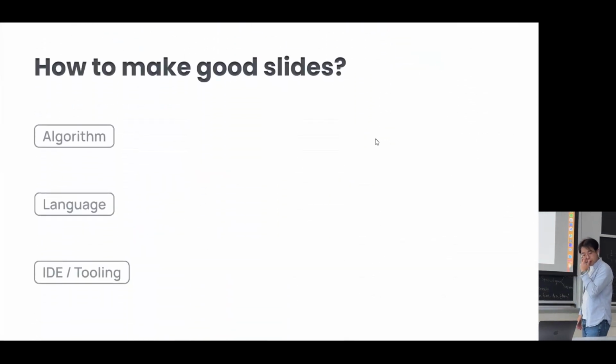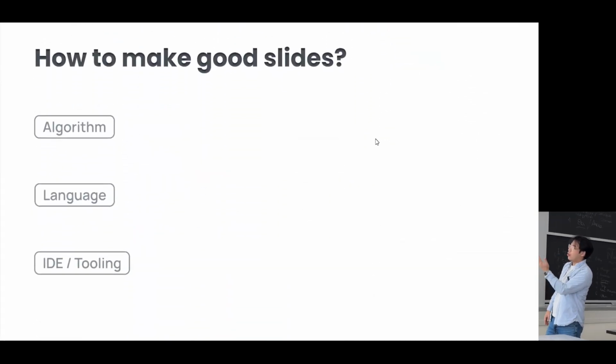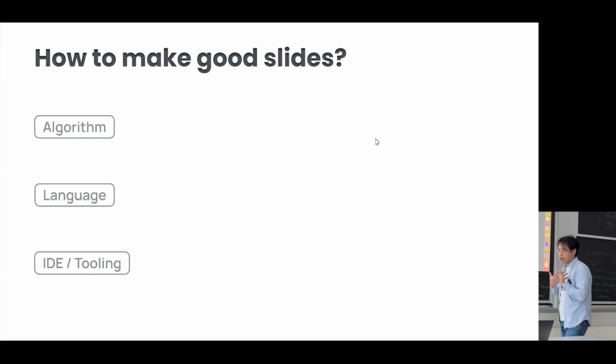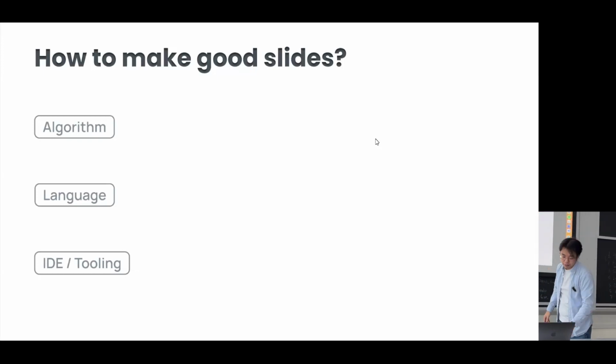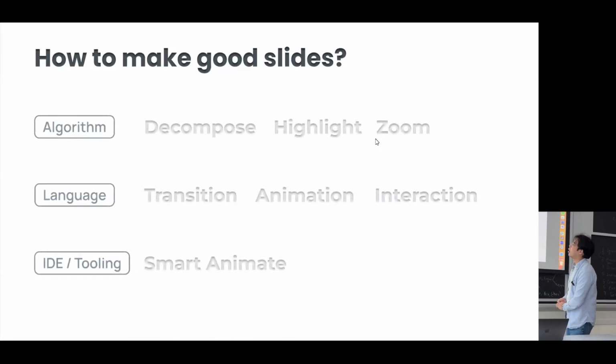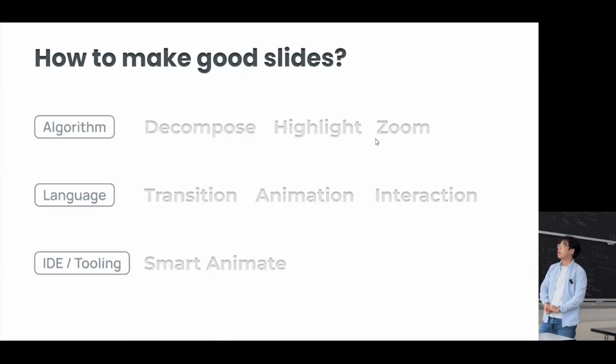And here we can do something similar, which is, okay, think about what the algorithms are, what the language is we can use, and what the tools are at our disposal to make such slides to achieve the goals which were mentioned. And here I got some recipe in terms of decompose, highlight, zoom for the algorithms, and we have a lot of interactive components like transition, animation, interaction, such that you can achieve certain purposes like we just chatted about before.